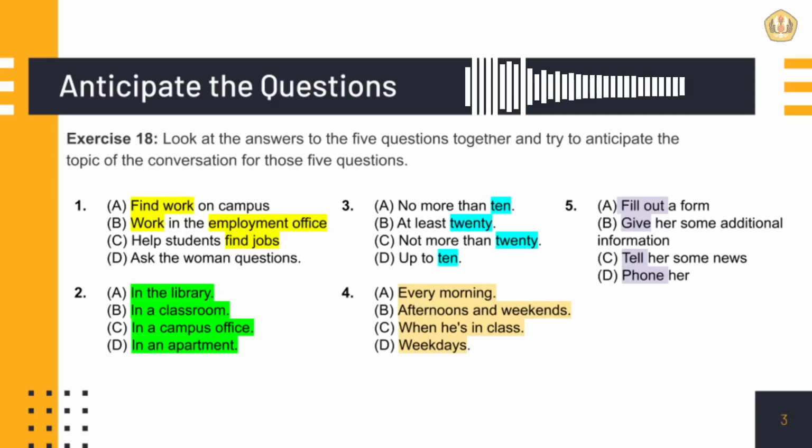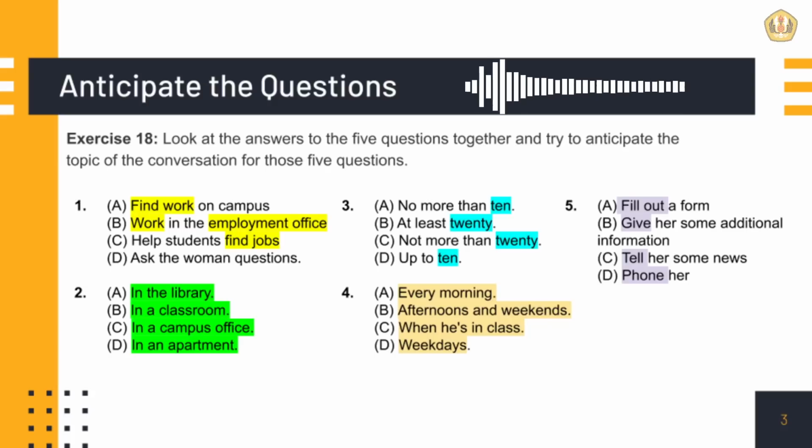Now let's hear the real conversation. I'm looking for a part-time job on campus. Then you've come to the right place. The Campus Employment Office is here just to help students like you find jobs on campus. I'm glad to hear that, because I really need to start earning some money. Let me ask you some questions to help determine what kind of job would be best. First of all, how many hours a week do you want to work?